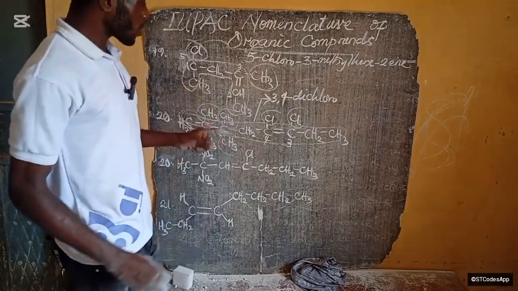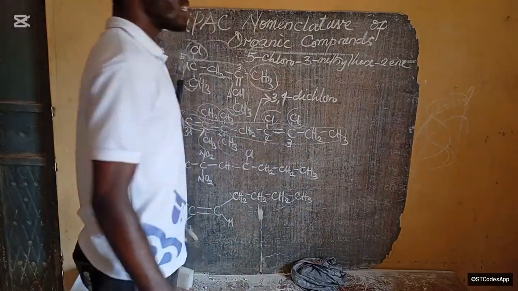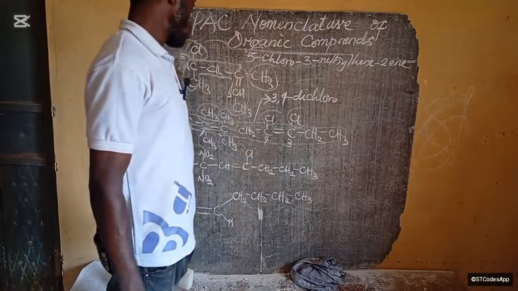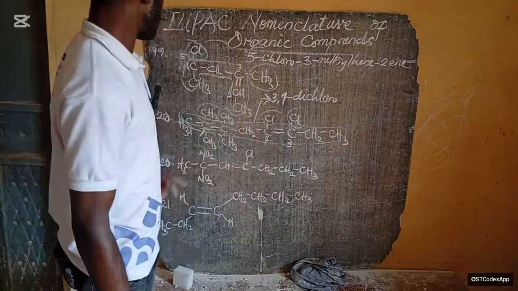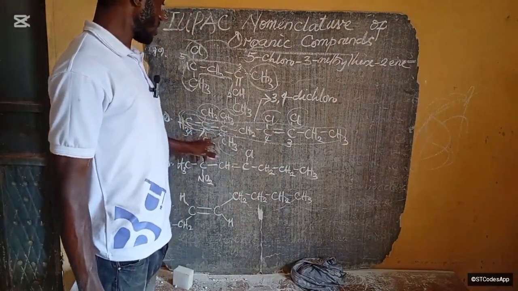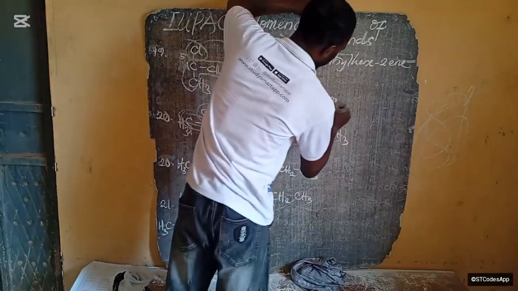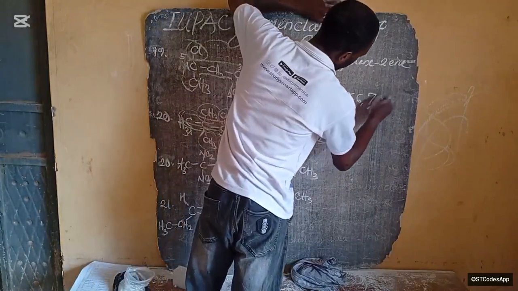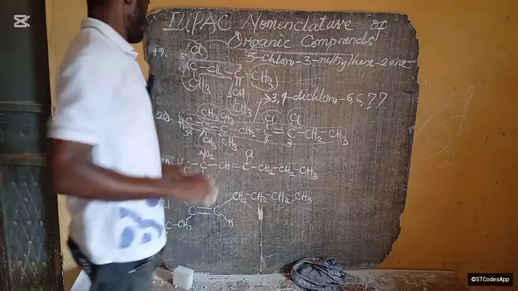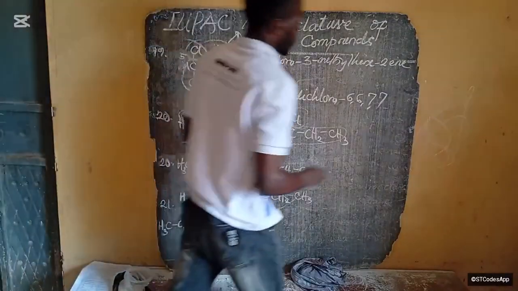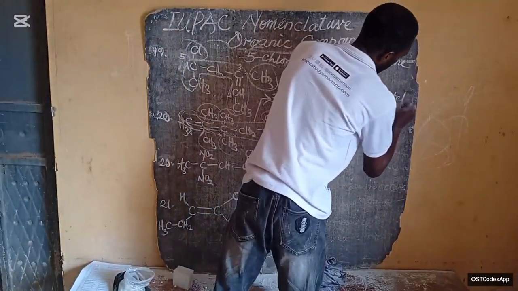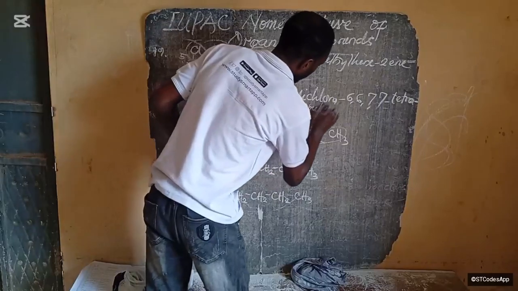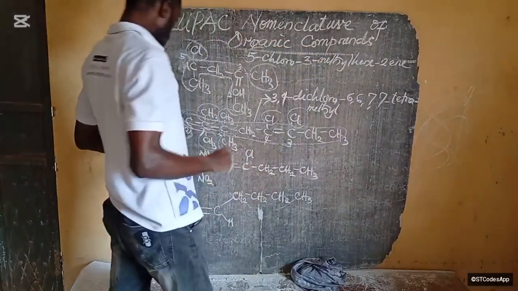No, because of the presence of the double bond here, we respect the double bond more than the substituents that are there. Is that okay? So this is going to be 3, 4 dichloro 6, 6, 7, 7, because they are the same, methyl throughout, 6, 6, 7, 7 tetramethyl oct.